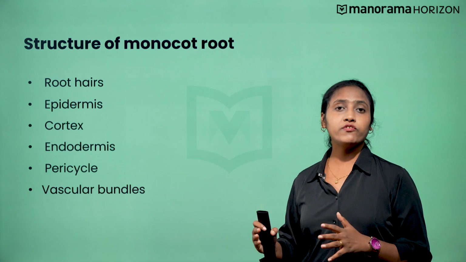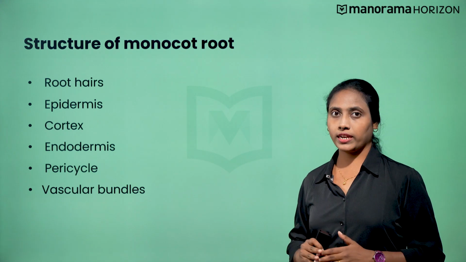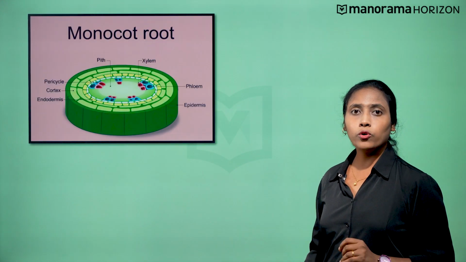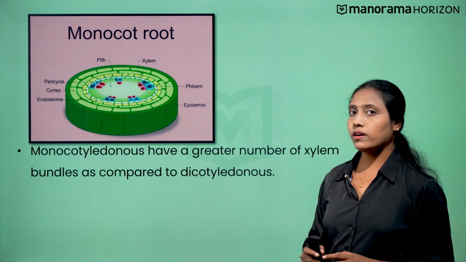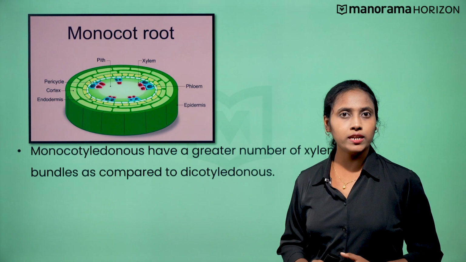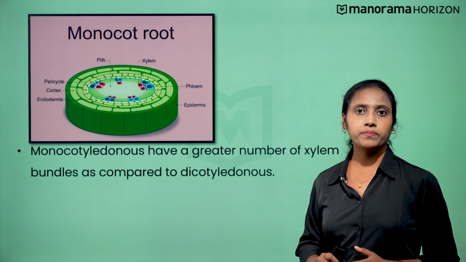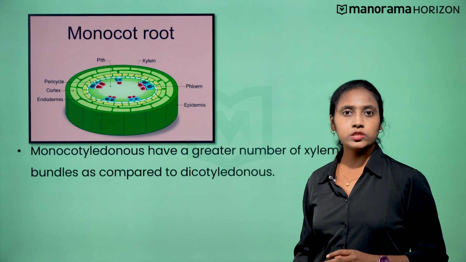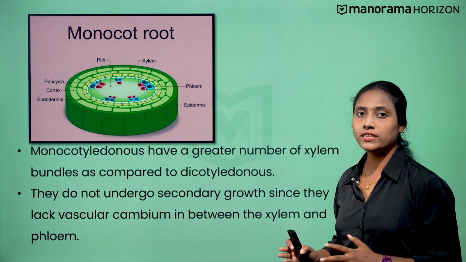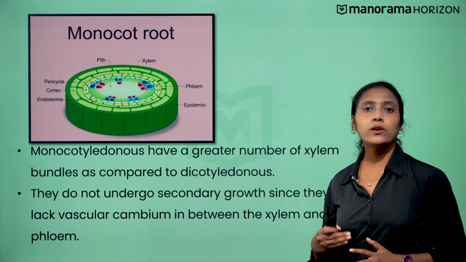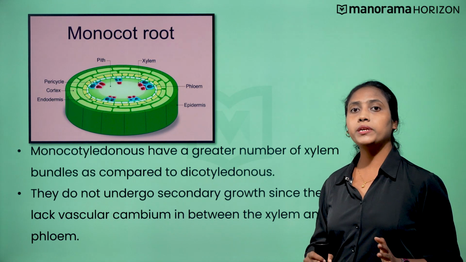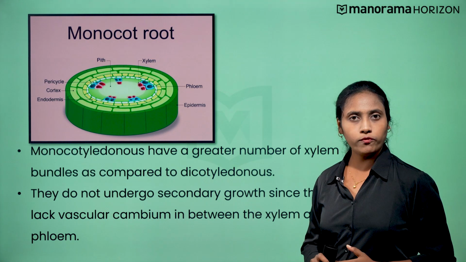But there are differences in the xylem organization. Monocotyledonous roots have a greater number of xylem bundles as compared to dicotyledonous roots. Monocotyledonous roots do not undergo secondary growth since they lack vascular cambium in between the xylem and phloem.